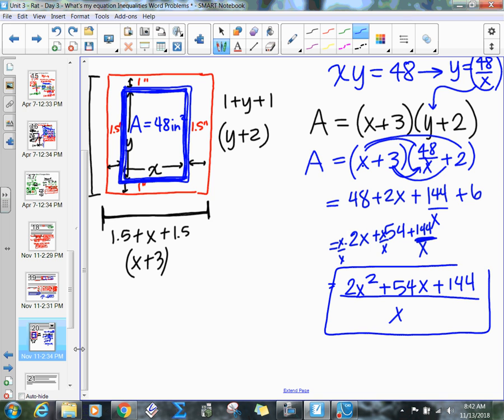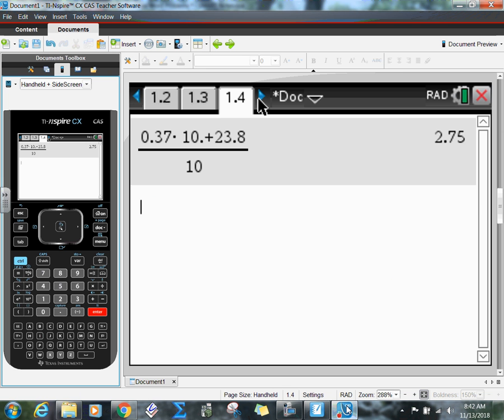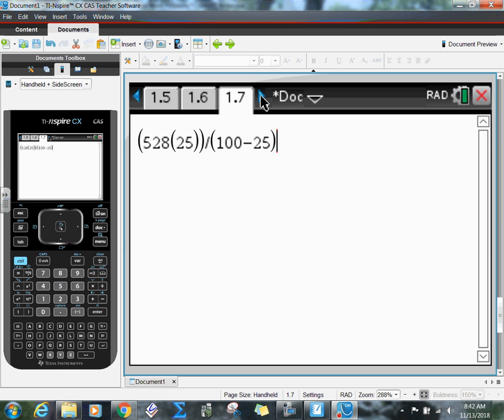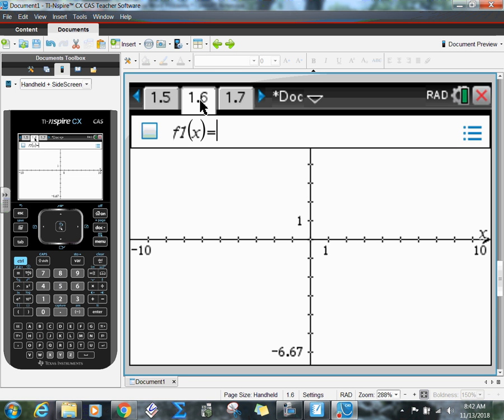So I'm going to look at this graph, and I'm looking for a minimum. Okay, so if we go over here, I thought I already entered it in. I apologize for that. Okay, so here I go.